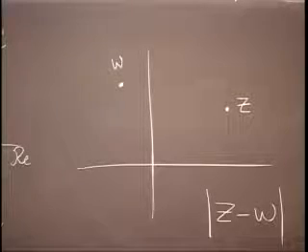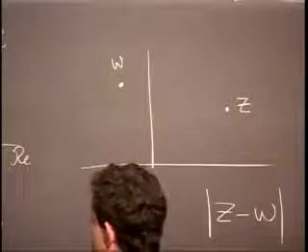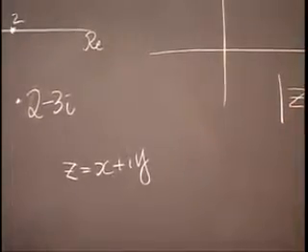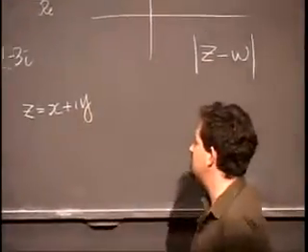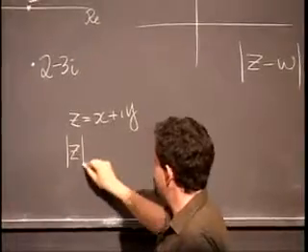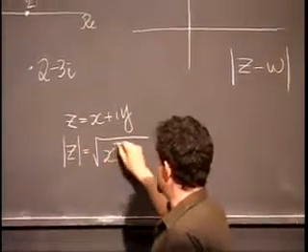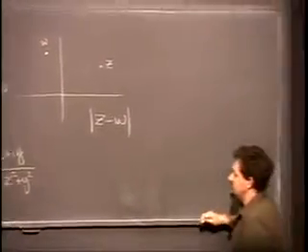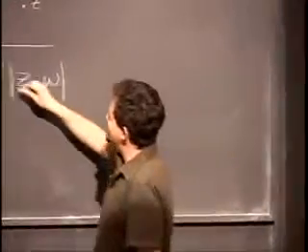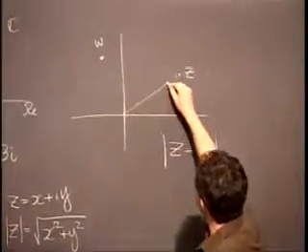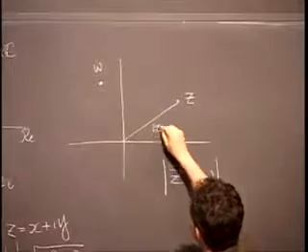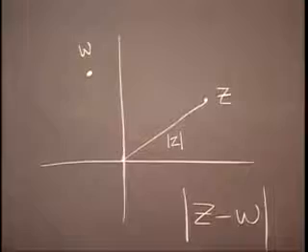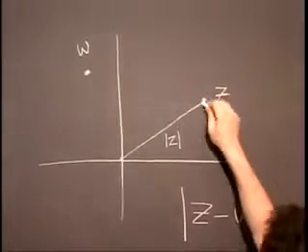Just to remind you, if the real part of z is x, and the imaginary part is y, then the definition of the modulus is the square root of x squared plus y squared, inspired by Pythagoras' theorem. So this is actually the distance from z to the origin. Modulus of z, or mod z for short, is the distance from z to the origin.